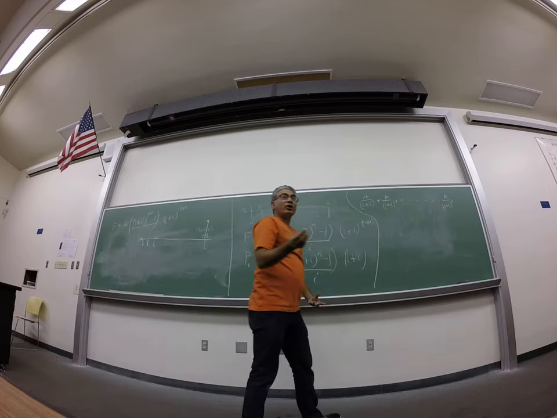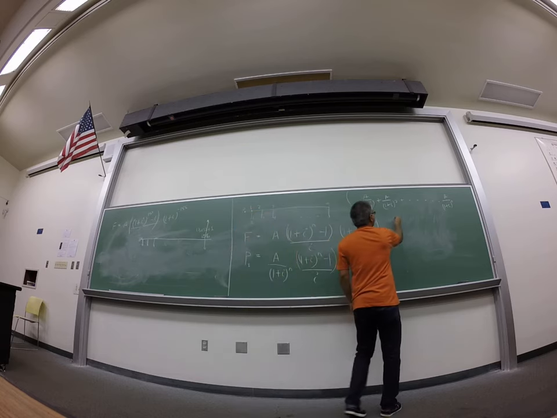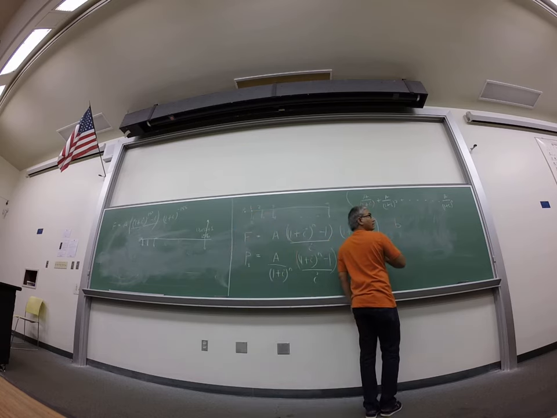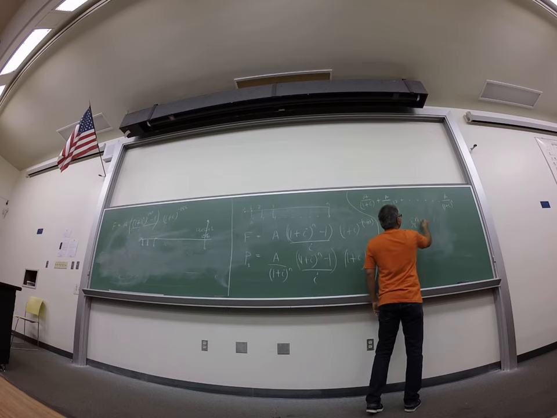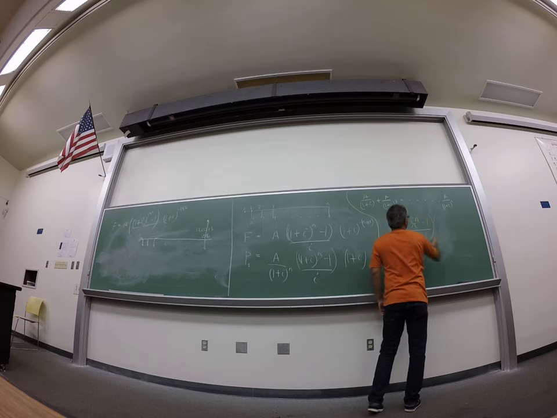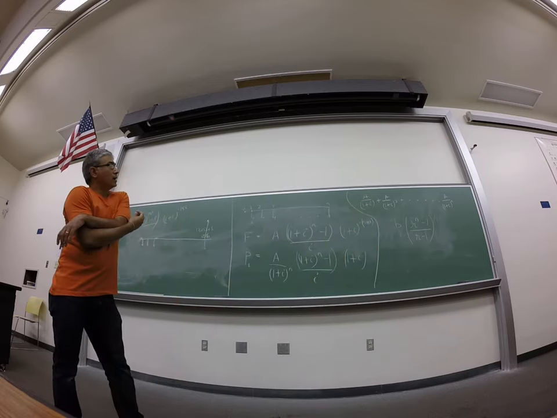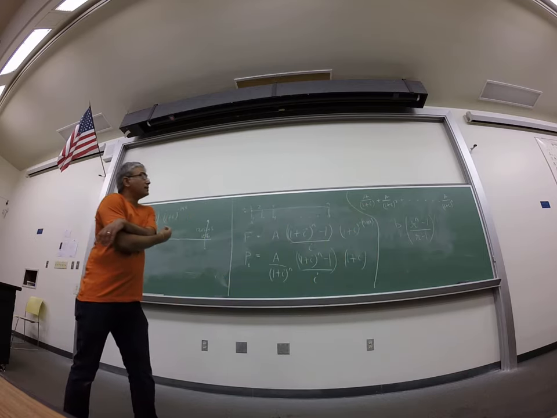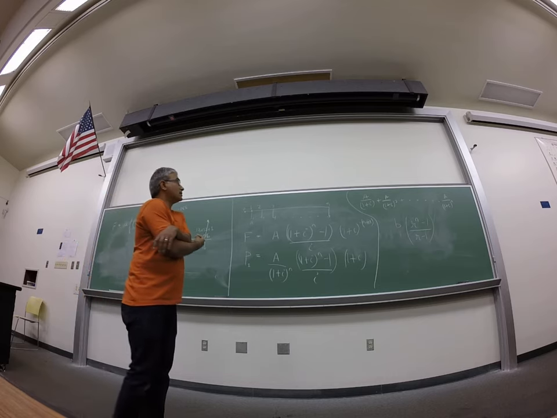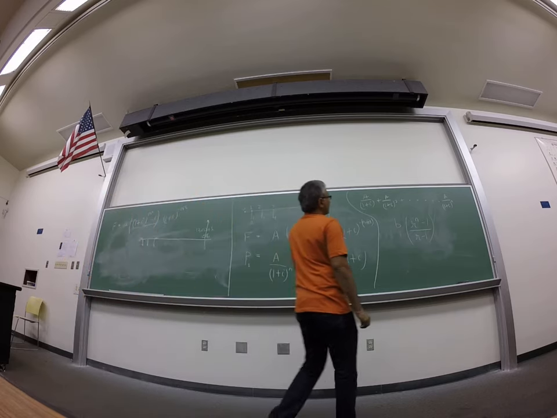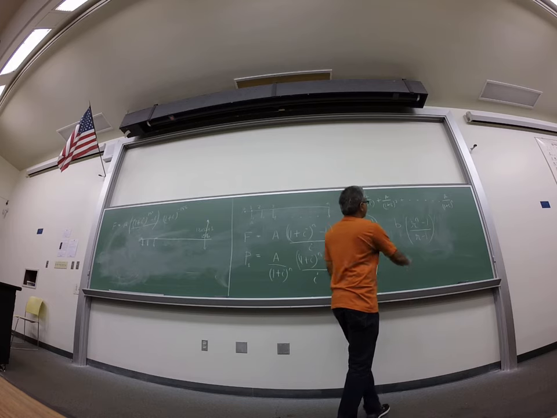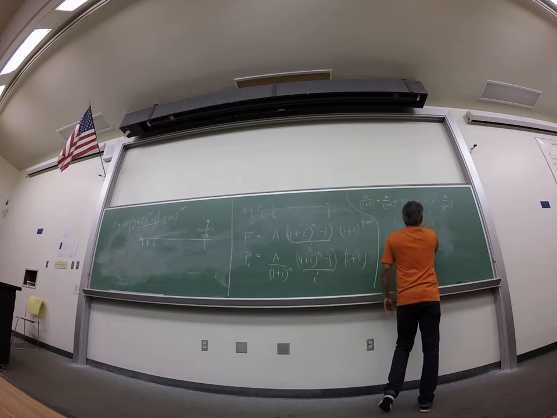So this is a geometric progression. We always sum it the same way. We say b, r to the power n minus 1 over r minus 1, where r is the ratio of two successive terms and n is the number of terms. Actually it's not a good way to use n here because n is confusing.